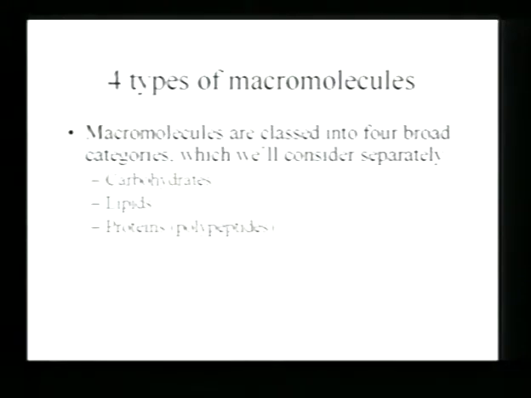Proteins, or polypeptides, those names are not quite equivalent, and I'll explain as we get into polypeptides why they aren't equivalent. You have to be a little careful about your terminology there. And nucleic acids, the genetic material of cells. Each has its own characteristic monomers. Each has its own characteristic functional groups, and we'll look at those functional groups as we go through this.